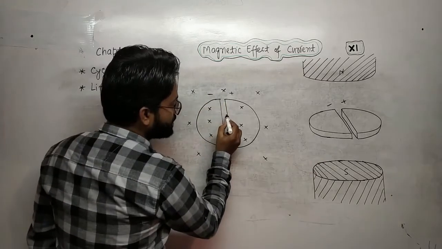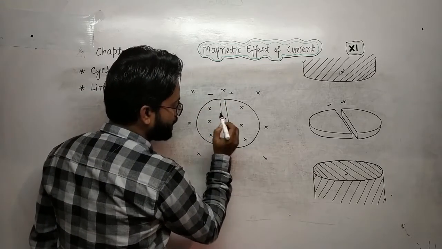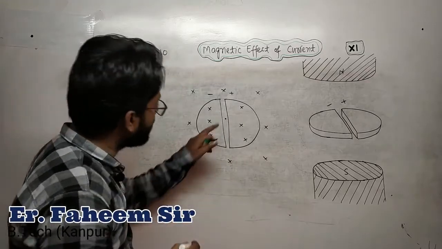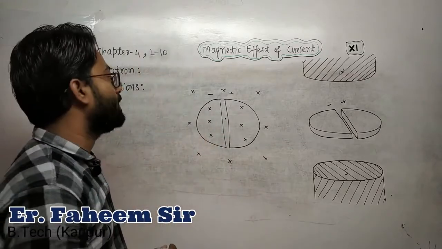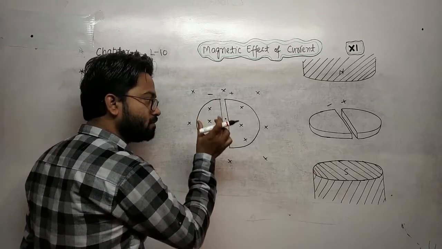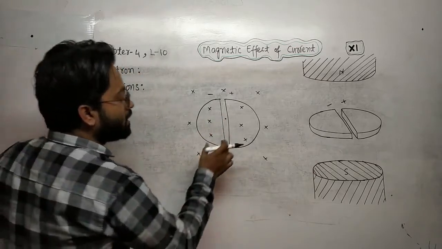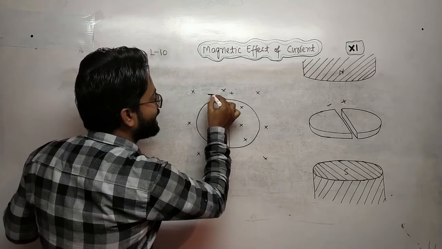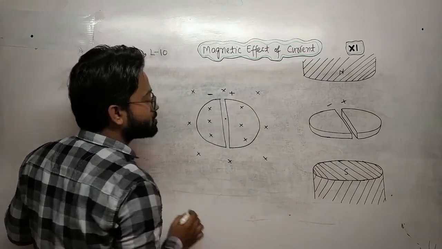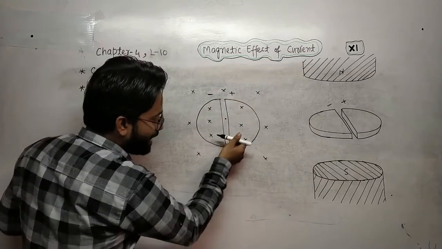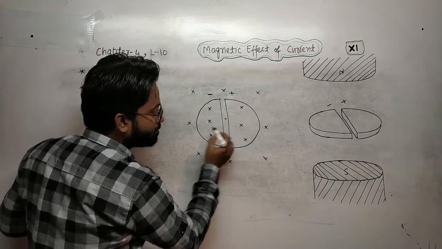If we place a positively charged particle here, what will happen? Because these two Ds are electrically positive and negative, an electric field will be developed.